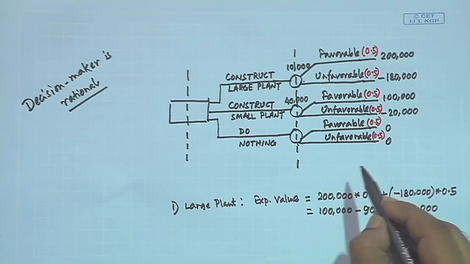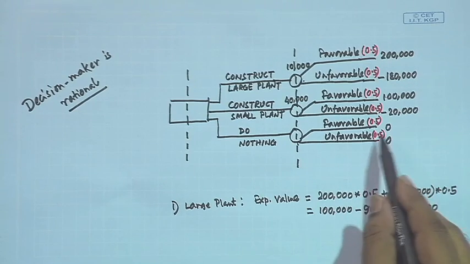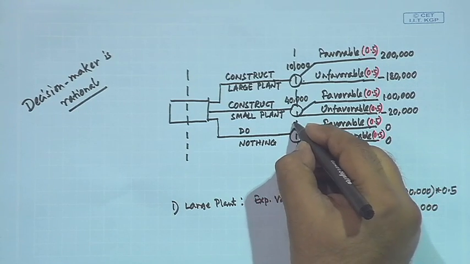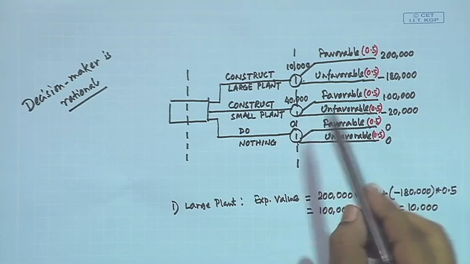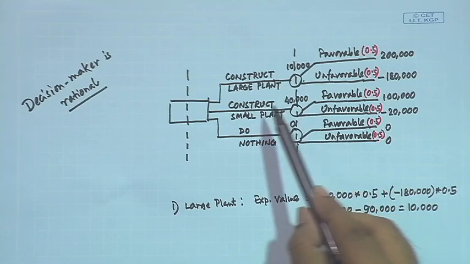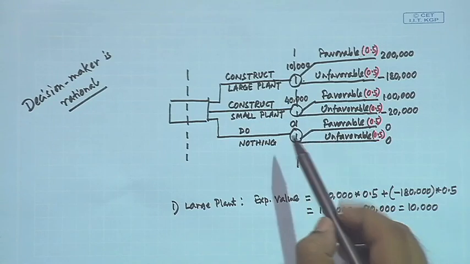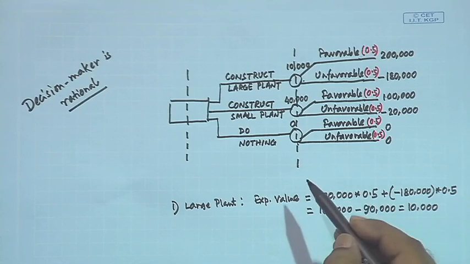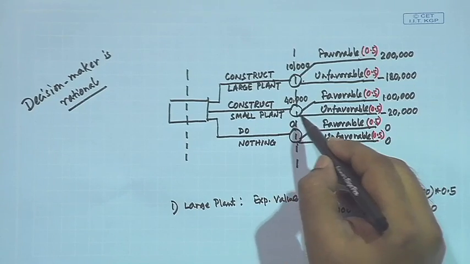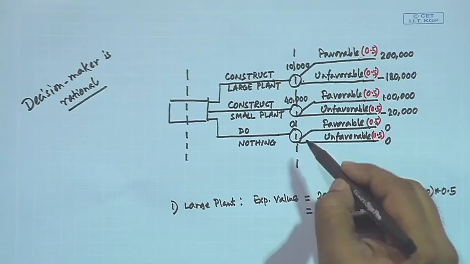So, this is the second one, and what would be here, because both are zeros. So, obviously, the expected payoff will be 0. So, if we really now evaluate the expected payoffs at large plant, it is 10,000, small plant 40,000, do nothing 0. Therefore, the highest payoff in this case is the 40,000.